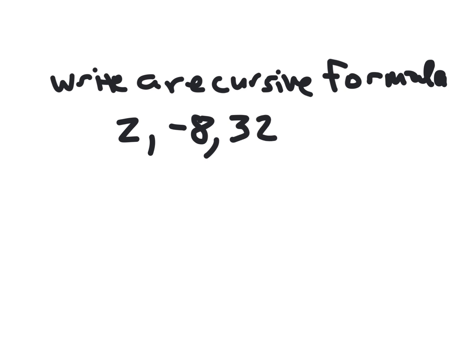What the heck? Write a recursive formula for this. In case you forgot, this is the one that somewhere in the answer is going to say u sub n minus 1.